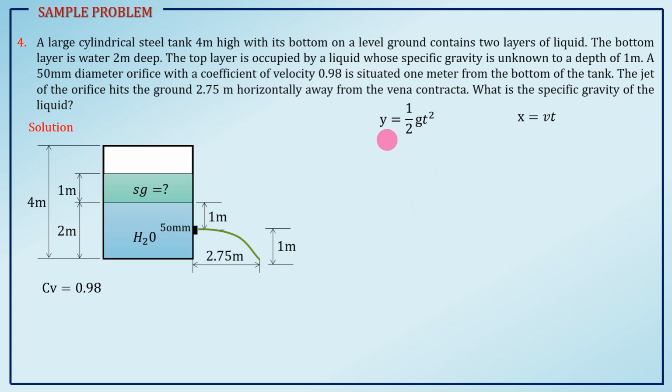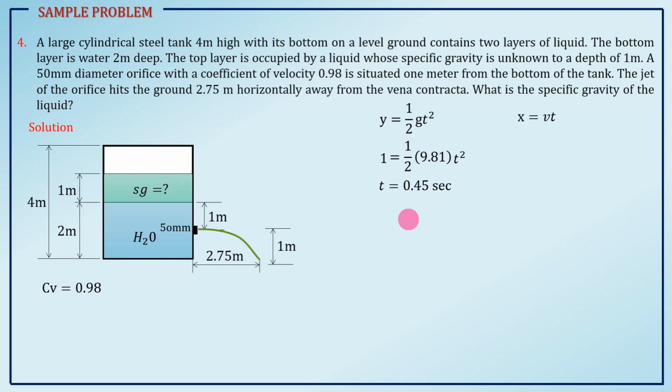So, we have y equal to 1, equal to 1/2 gt squared, where g is 9.81 meters per second squared. Our time is unknown. Solving for time, we have 0.45 seconds.